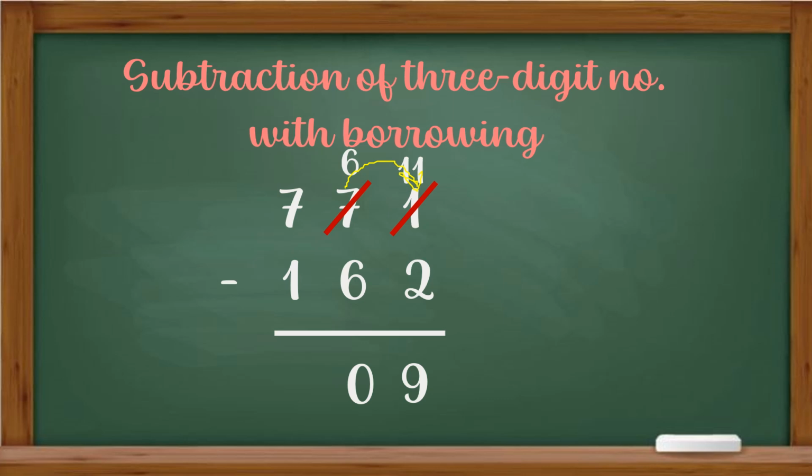Next we will do 7 minus 1, which is equals to 6. We will leave this undisturbed because 7 is neither smaller than 1 nor have we borrowed from 7. So let's do two questions related to it.